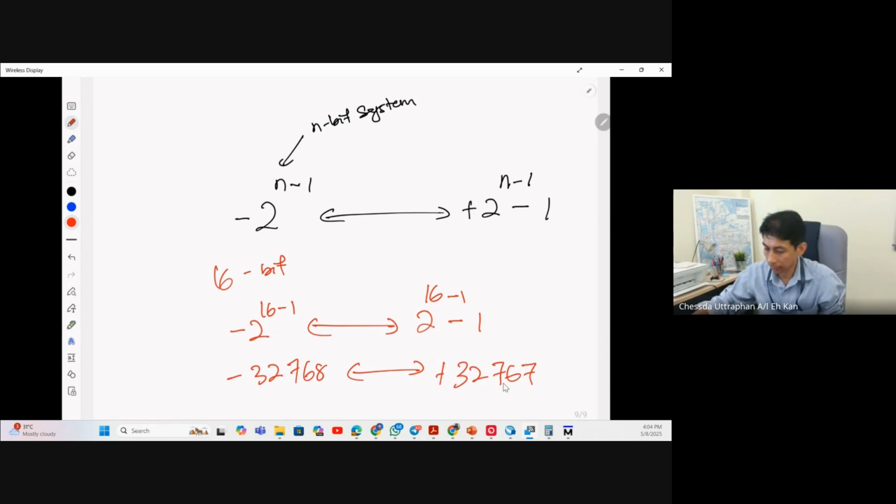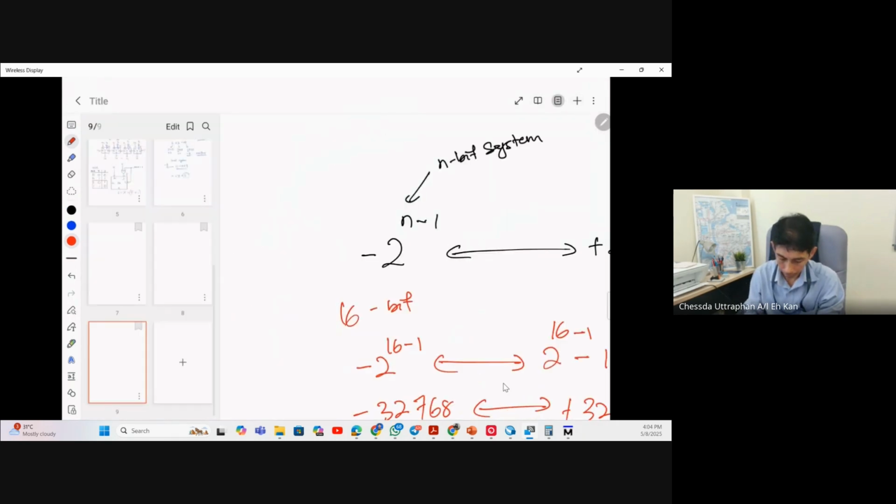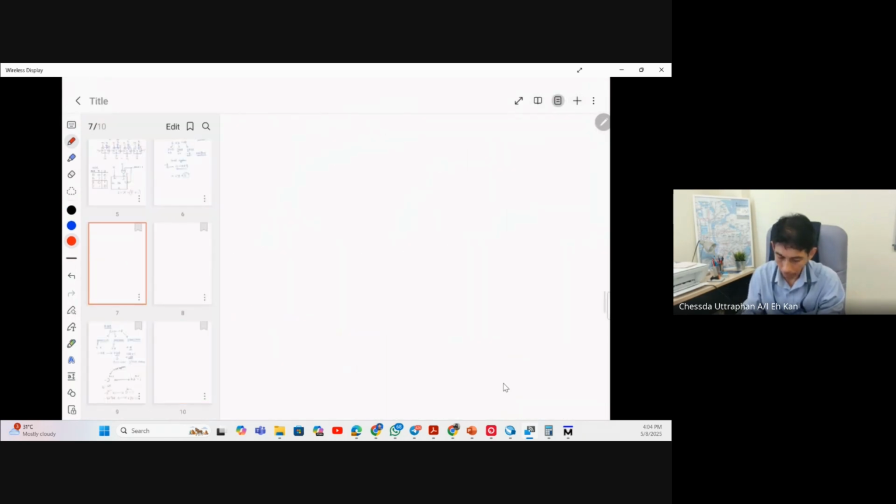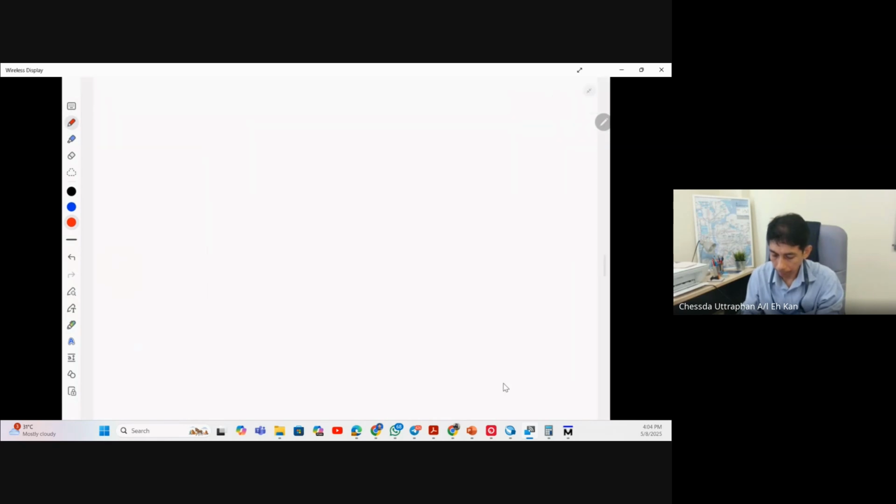It is important because in a digital system, let's say we have an adder like this. This is an adder, and our system is 4 bit, for example, a small one.